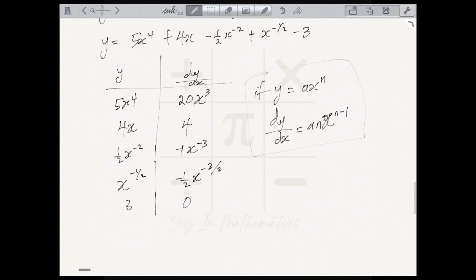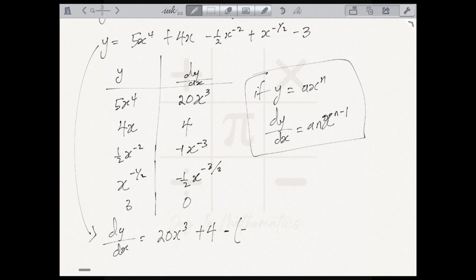Now let's have our final dy/dx, which is the addition of all. So we have 20x raised to power 3 plus 4 minus, into minus x raised to power minus 3.